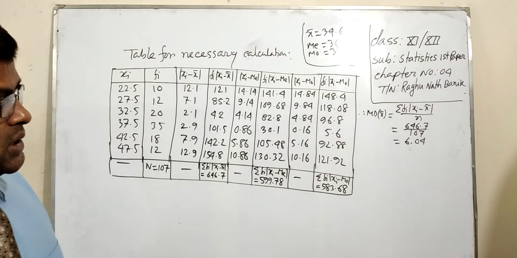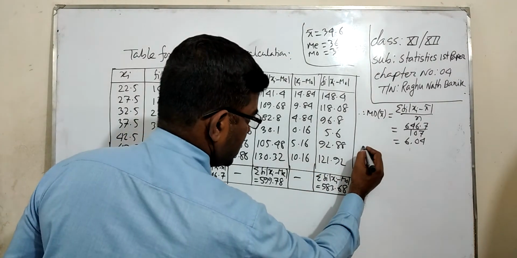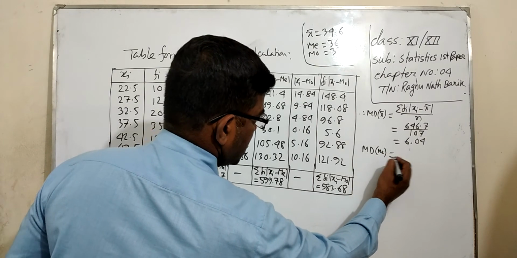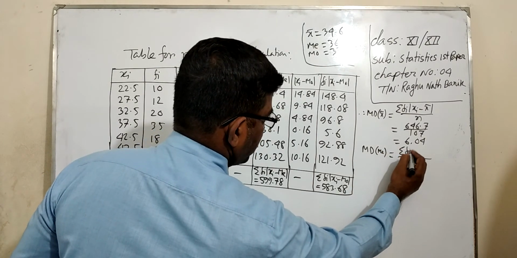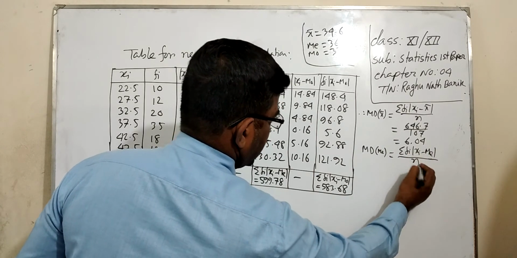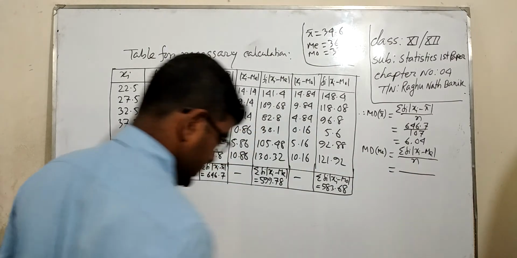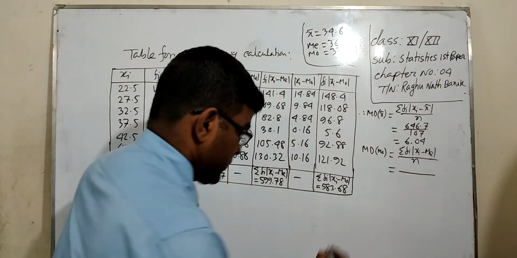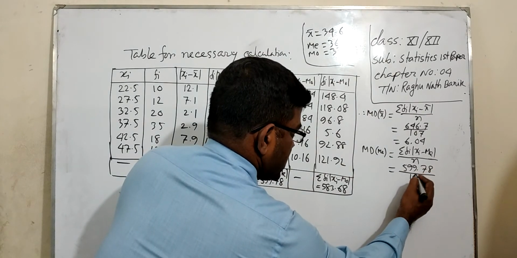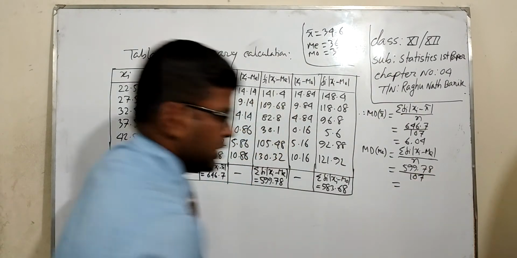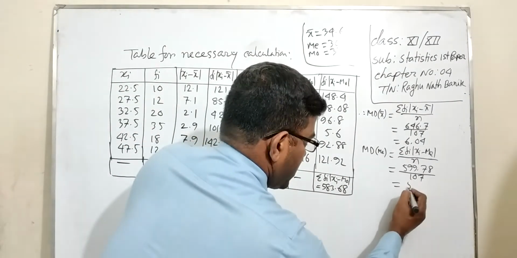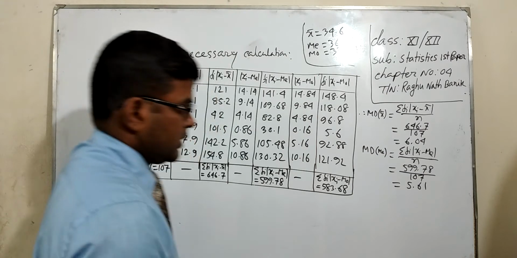Again, mean deviation about median equal to summation Fi modulus Xi minus median divided by n. Putting the value 599.78 by 107, the mean deviation about median is 5.61.